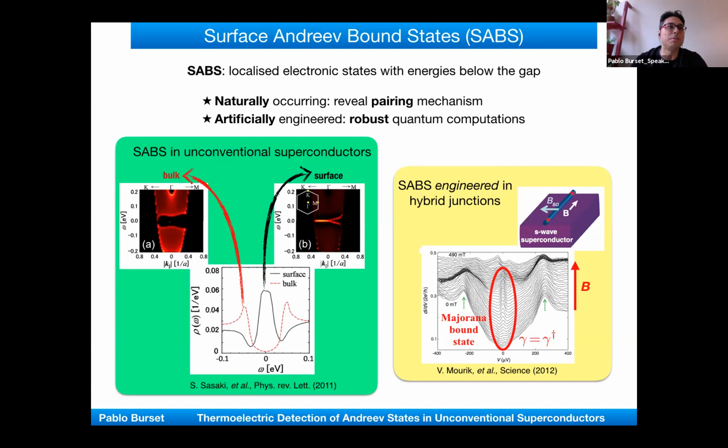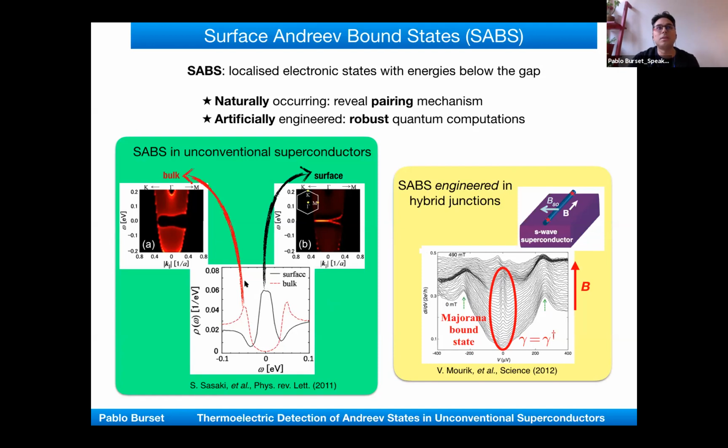In the bulk of the superconductor, you have a gap, and at the edge, you have this resonance. And if you do some tunneling spectroscopy of this material, you will see the typical gap profile of the conductance or density of states in the bulk, and a zero bias peak that represents the presence of this Andreev bound state at the surface of the superconductor.